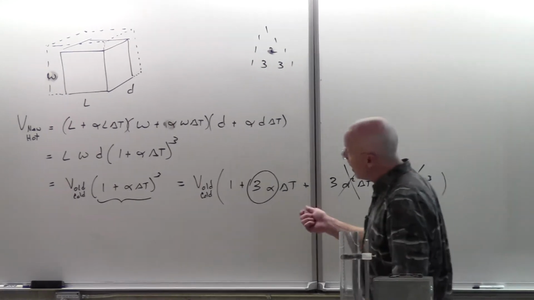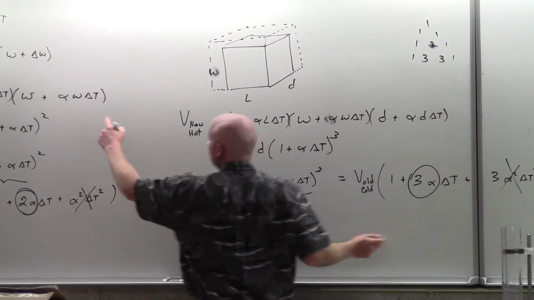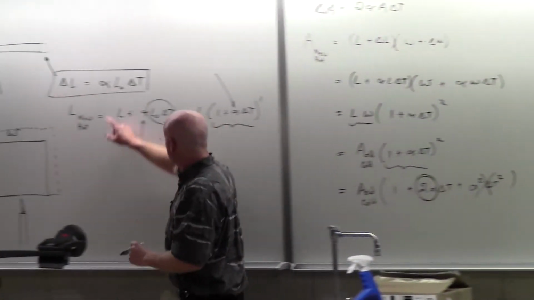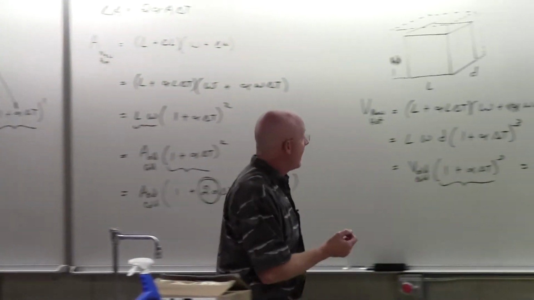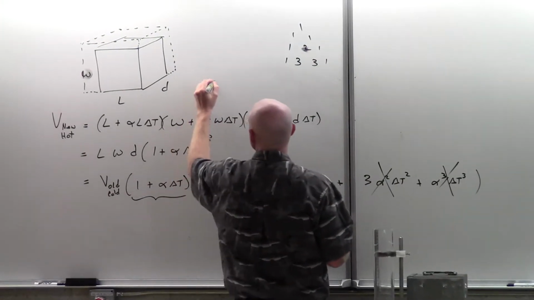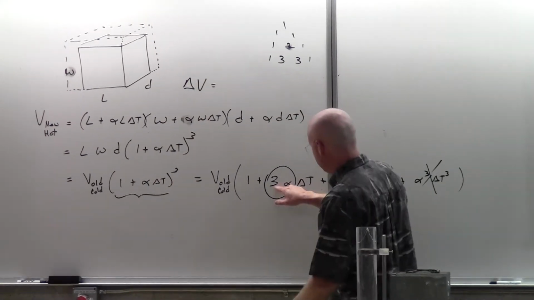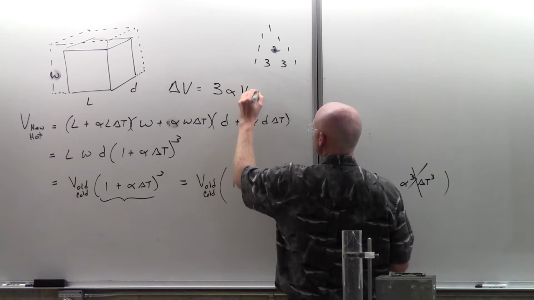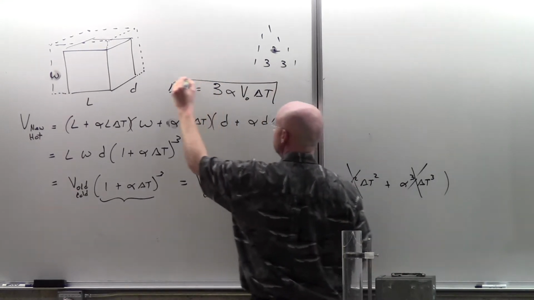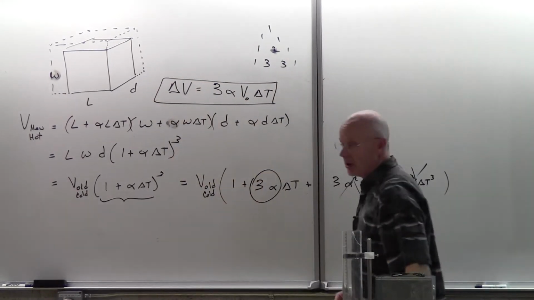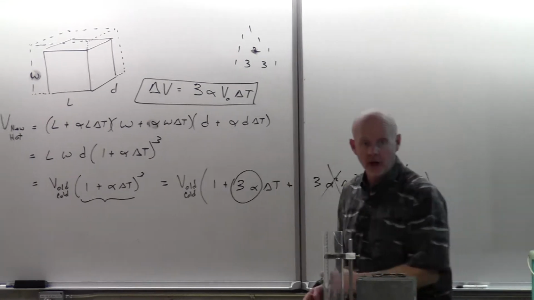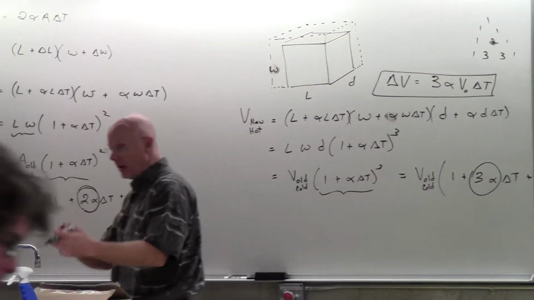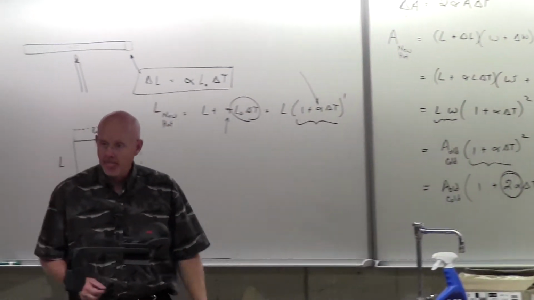And so we could write then, just like we did over here, that the change in volume is 3 alpha times the original volume times delta t. And so our volume of our object will get bigger by 3 alpha.